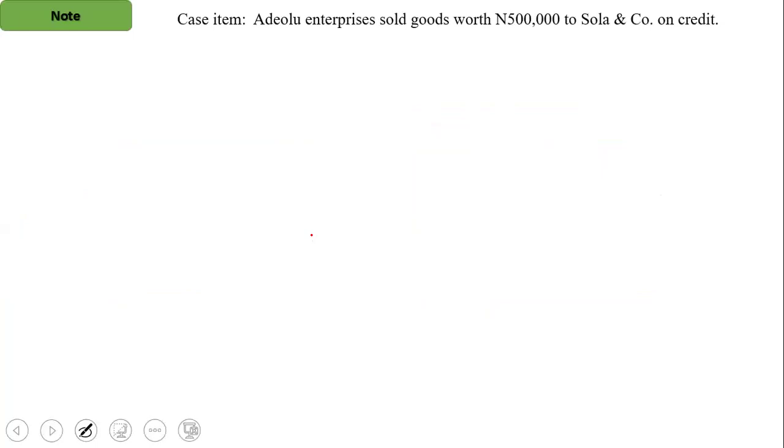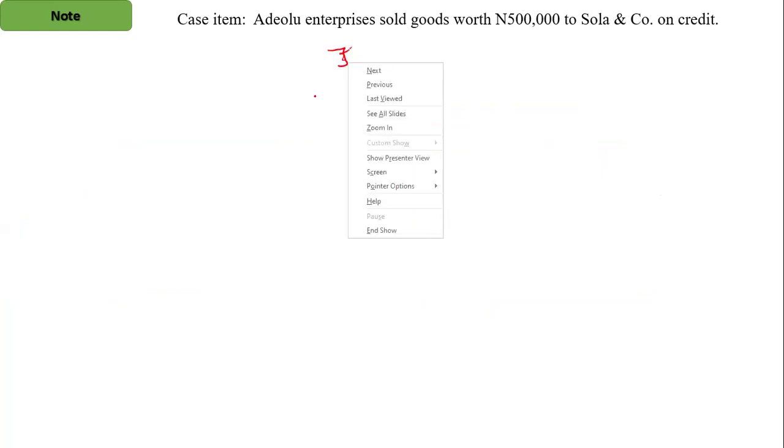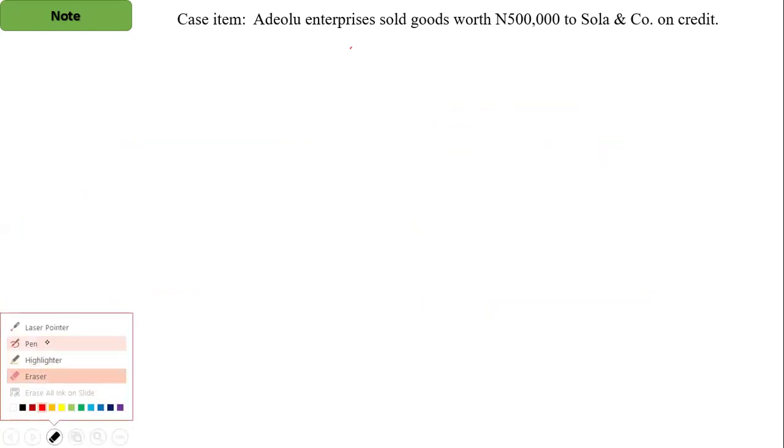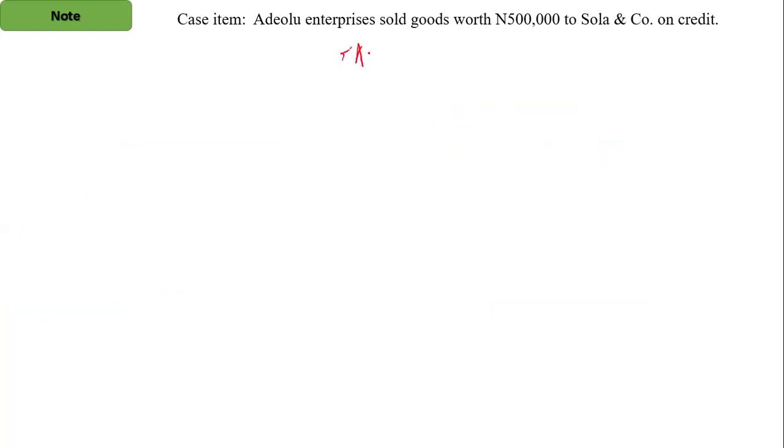Now, if you look at this, you can decide to put this one into the journal. Don't forget, when it comes to journal, one thing we need to do is write the name. What is the name of this account? We need to write the name of the account holder. So this one is for Ade Olu Enterprises.